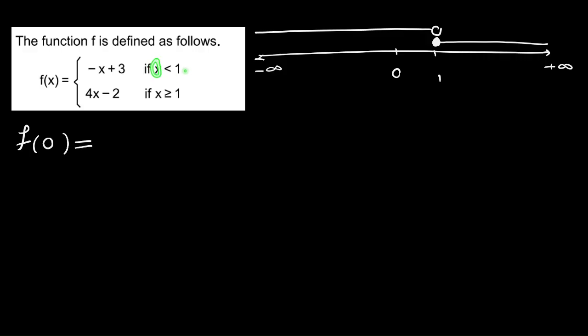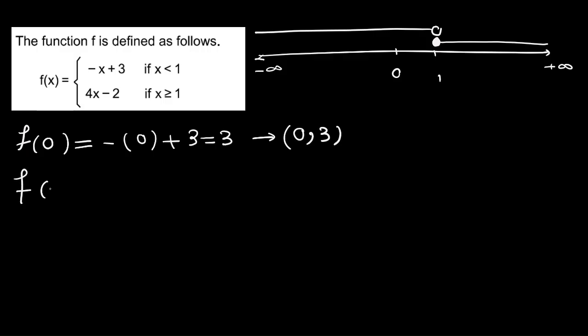We know that 0 is less than 1, so we need to use this statement. f of x is negative x plus 3. It means that f of 0 is negative times 0 plus 3, so it's 3. We have point 0 and 3.